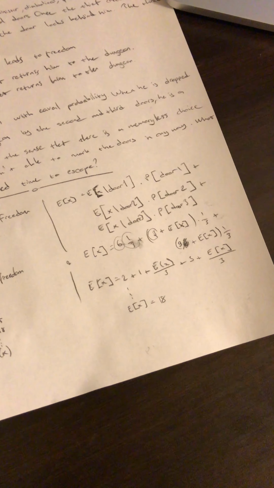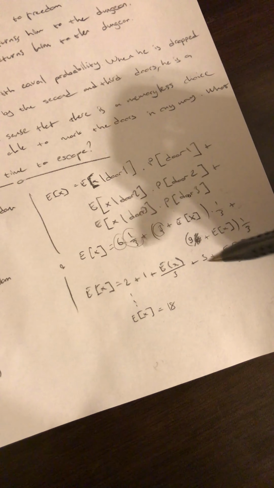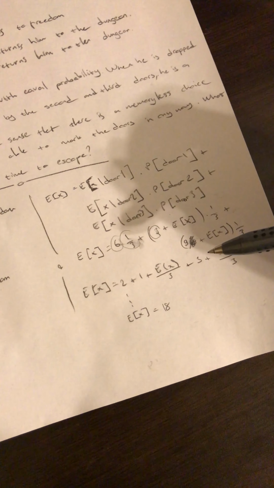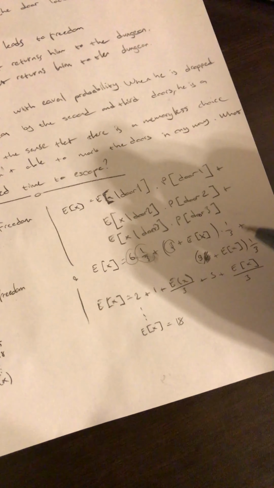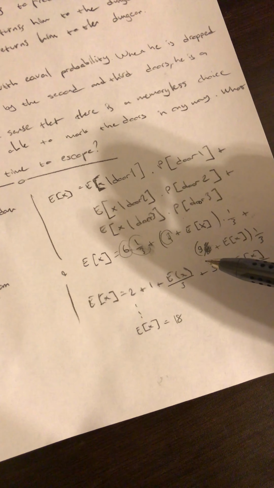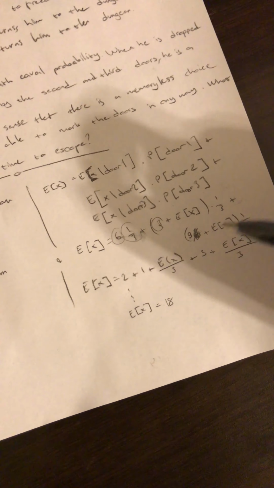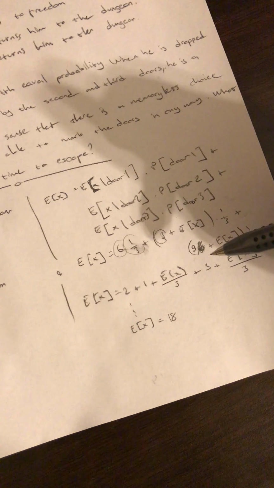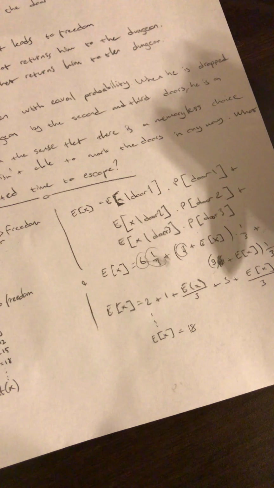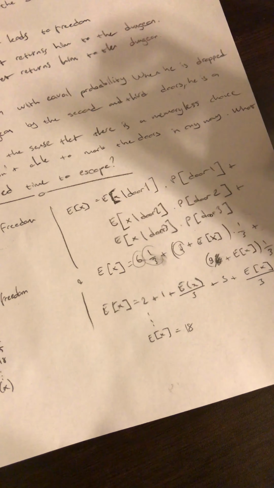This should be 9 plus E of x, but I messed it up. Okay, so this is 9 multiplied by 1/3, which is 3, plus E of x divided by 3, and in this case you can see you have 2 plus 1 plus 3, that's 6.